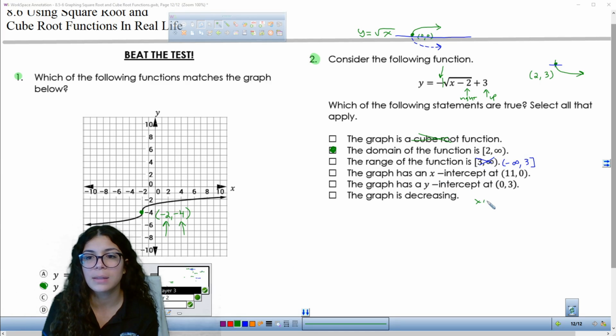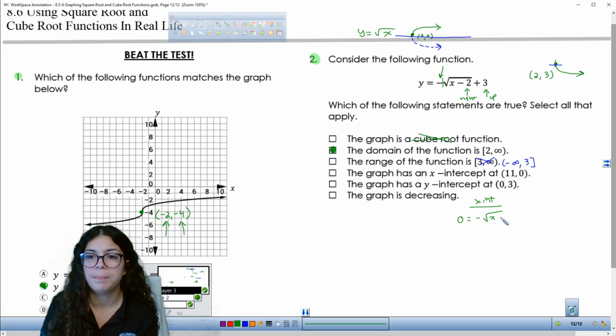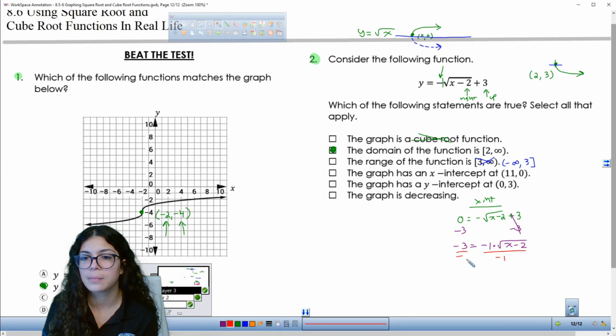Next, let's look at x and y-intercept. Again, to find the x-intercept, we're going to go ahead and set y to be 0 and solve for x. So I will go ahead and solve this function. So first, I will need to subtract 3 to get rid of that 3. And then I can go ahead and divide because there's a negative 1 that's multiplying to the square root of x minus 2. So I could go ahead and divide by negative 1 on both sides. So I end up with 3 equals the square root of x minus 2.